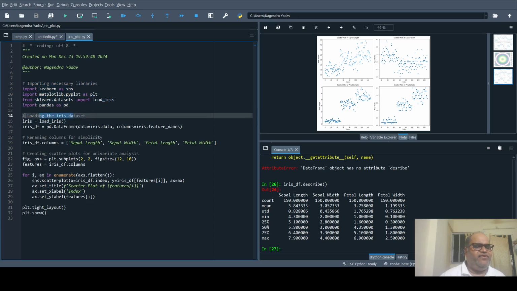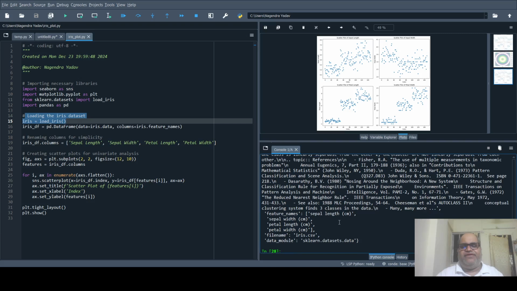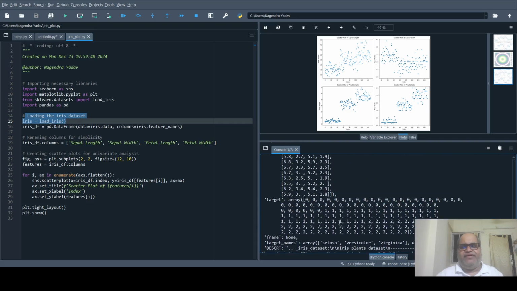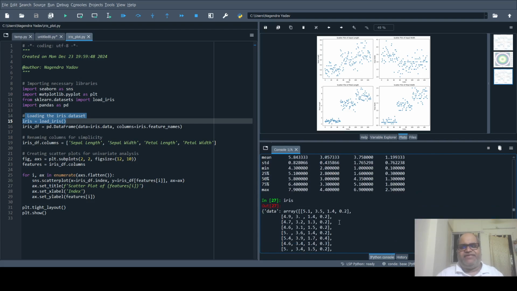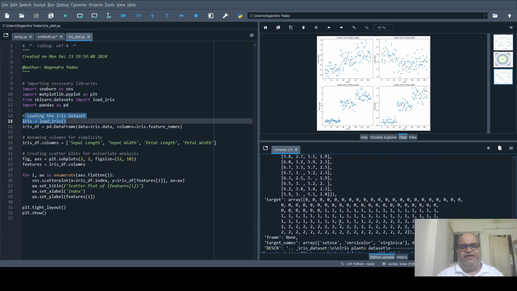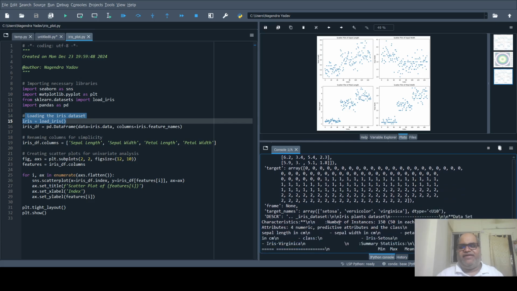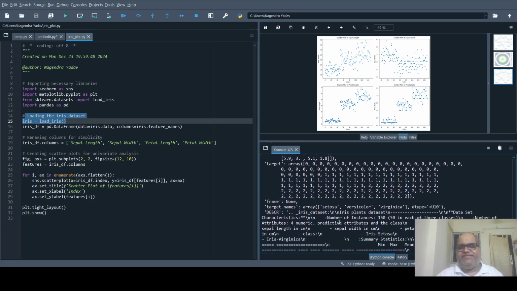So we simply call load_iris, and you can see that your iris data set is populated. You can check what iris is. It has information about the individual petal length, petal width, sepal length, sepal width, and then it has the target variable, from 0 till 3.